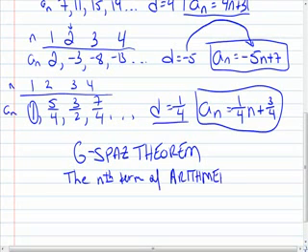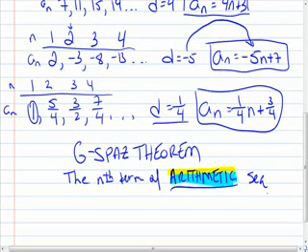Put this in big letters and underline it and make half of it yellow and make the other half whatever that is. Because it's arithmetic, we're going to learn another sequence called geometric, and this will not work for that. It only works for arithmetic sequences.